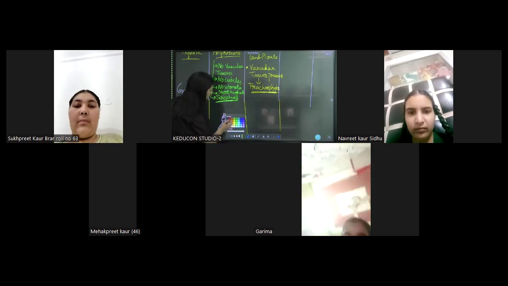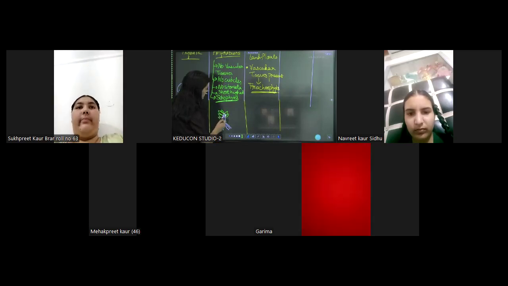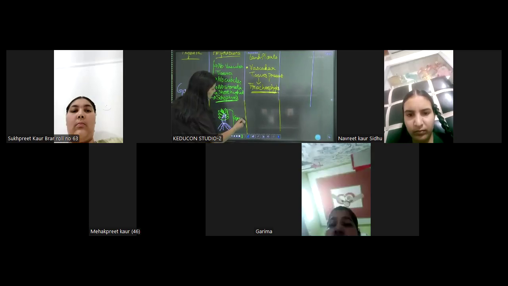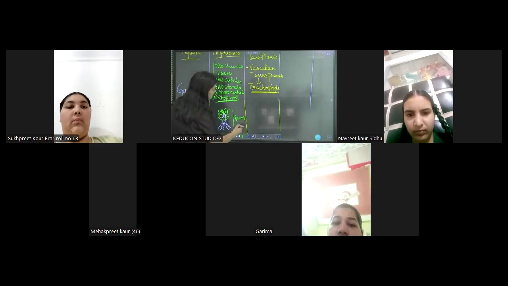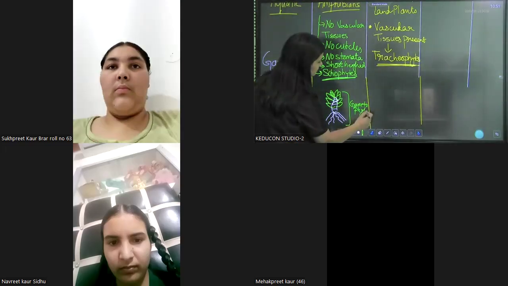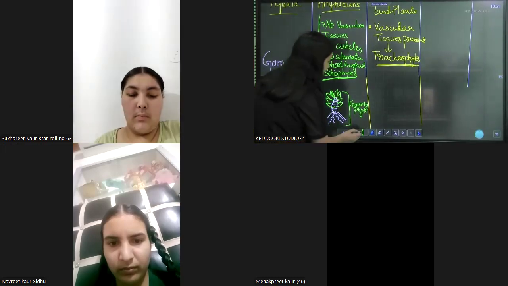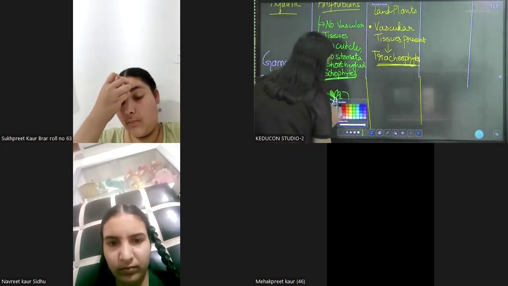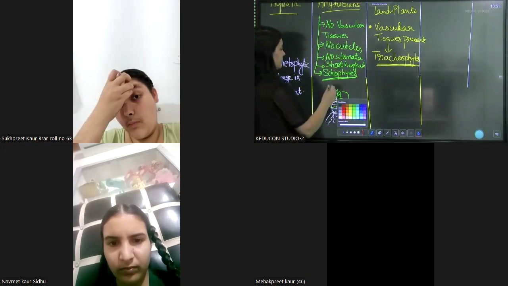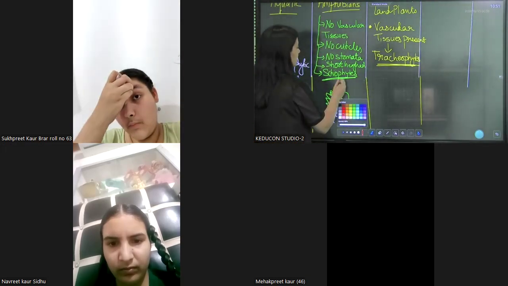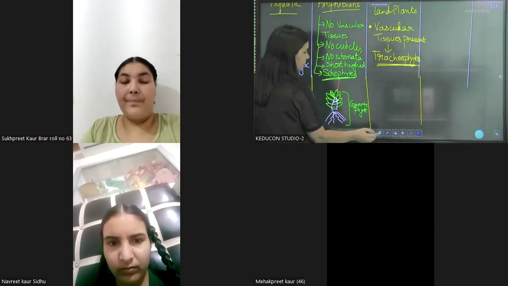They do have a leaf-like structure. This structure produces gametes, so this structure is the gametophyte. But they do have a sporophyte also. A structure comes out of this.